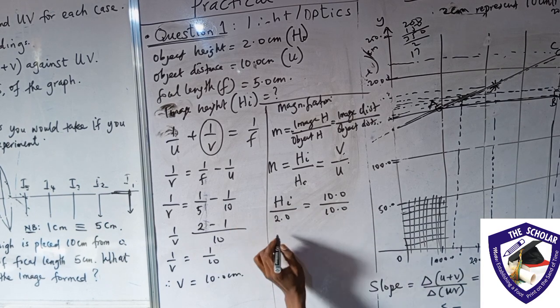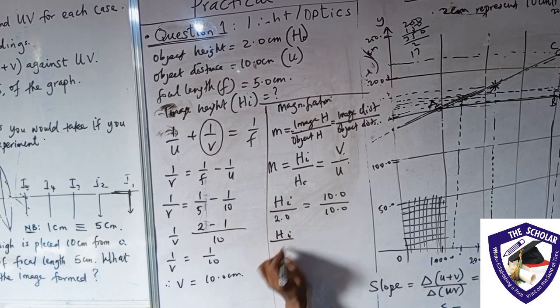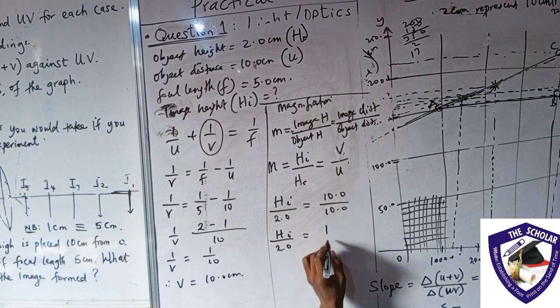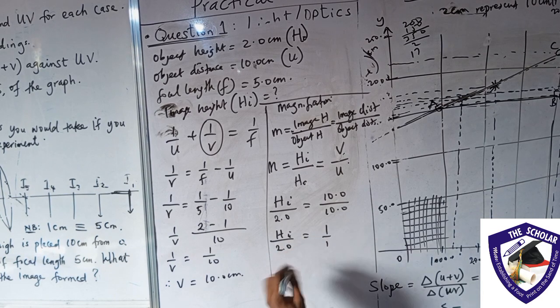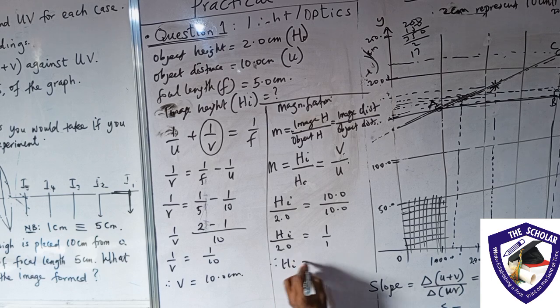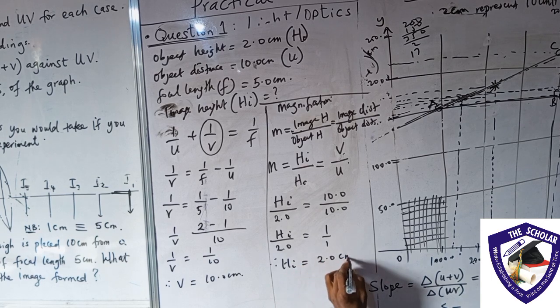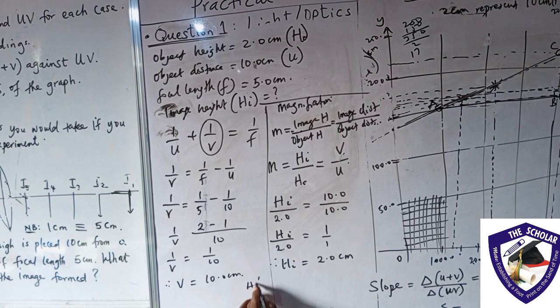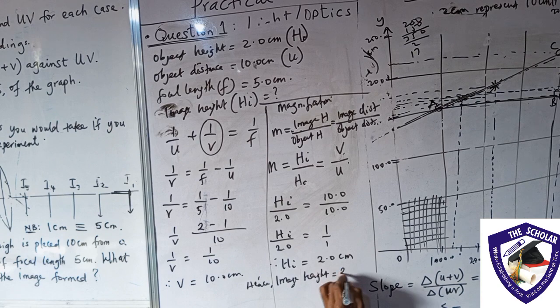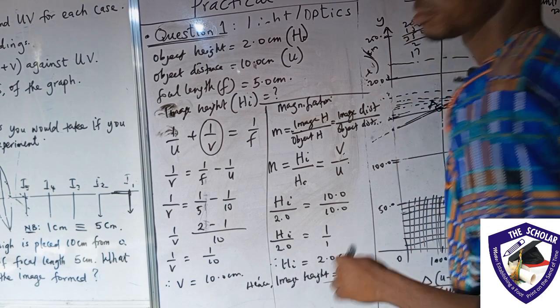So from what you have here, HI over 2.0 is equals to 1 over 1. So cross multiply. So therefore, HI is equals to 2.0 centimeter. So hence, our image height is equals to 2.0 centimeter. So, thank you.